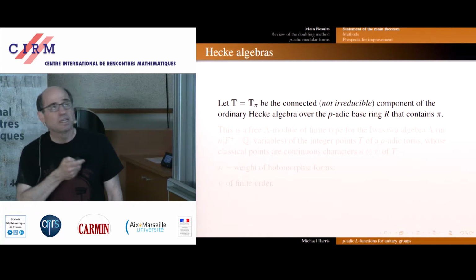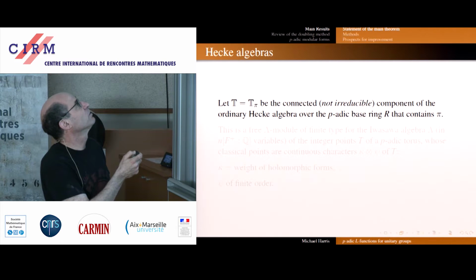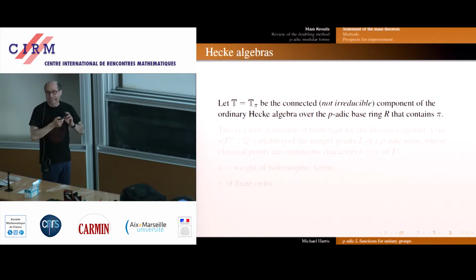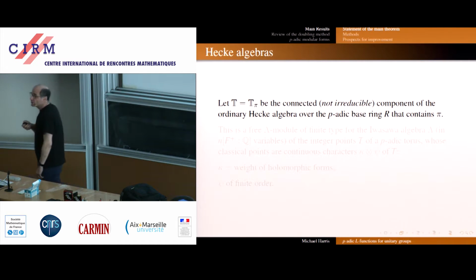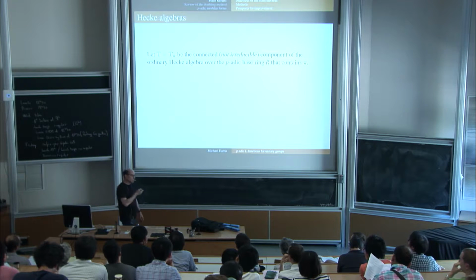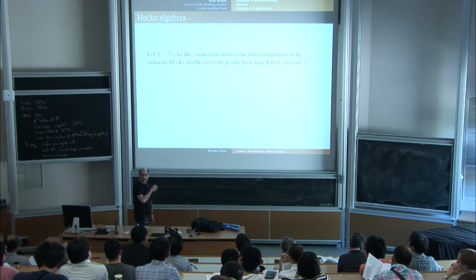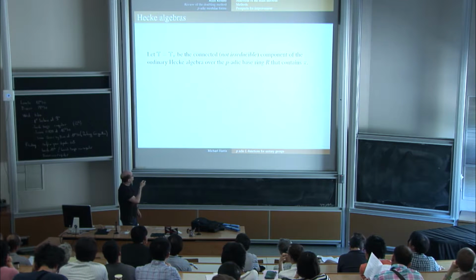Now, what we have done by putting this pi here and then forgetting about it, we're saying that we are taking the irreducible component of the spectrum of the Hecke algebra of forms that are congruent to pi, or whose residual Galois representation, its semi-simplification, but it's going to be irreducible, is equivalent to the one attached to pi. So these are the ordinary deformations of some fixed Galois representation attached to pi.